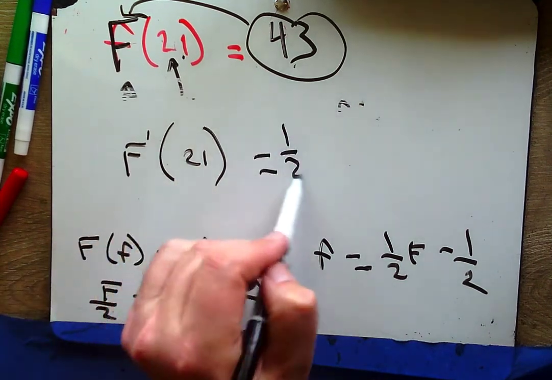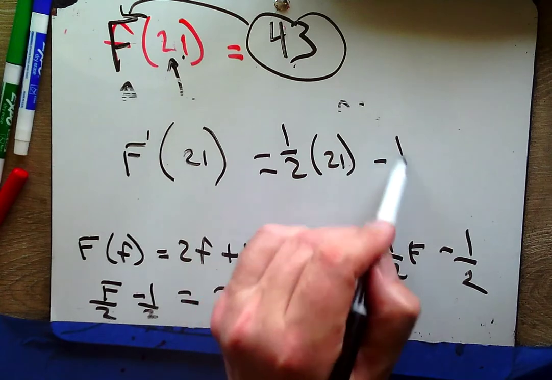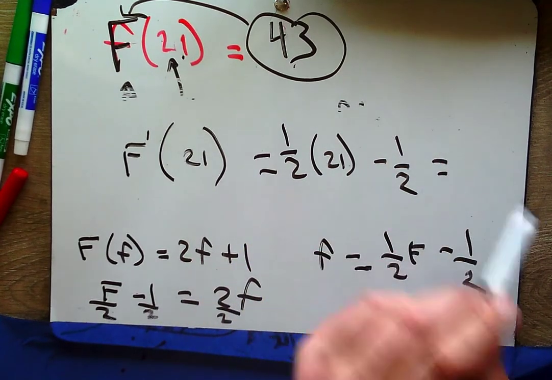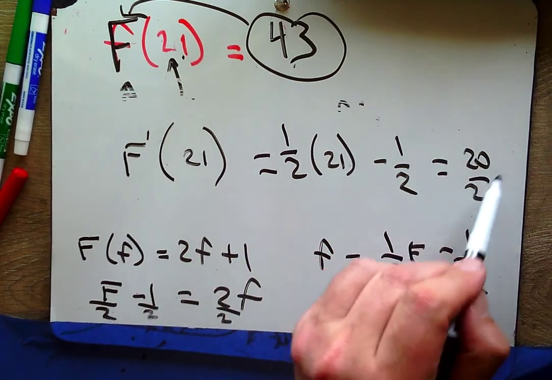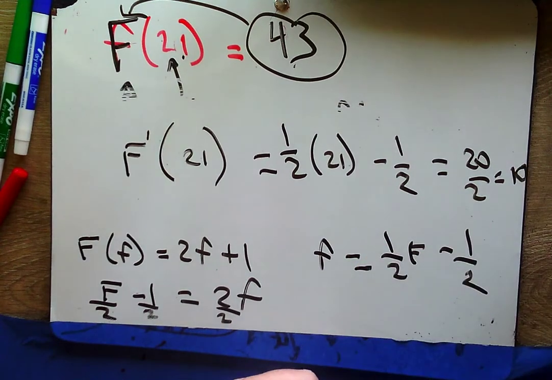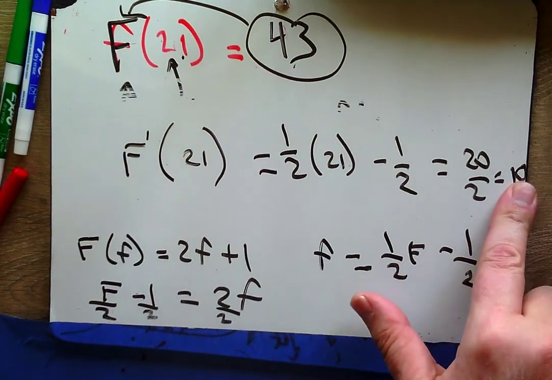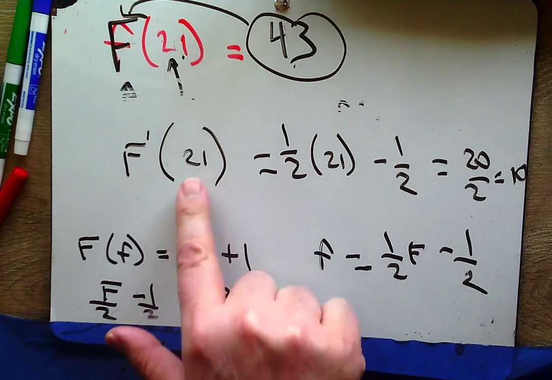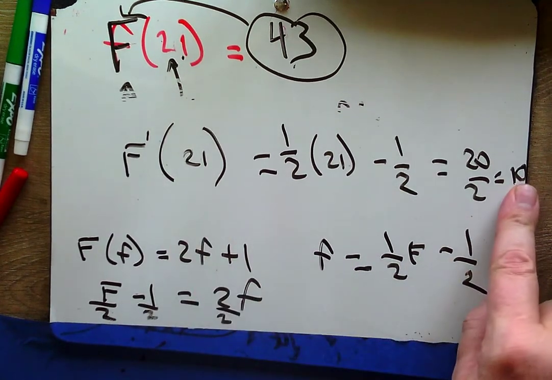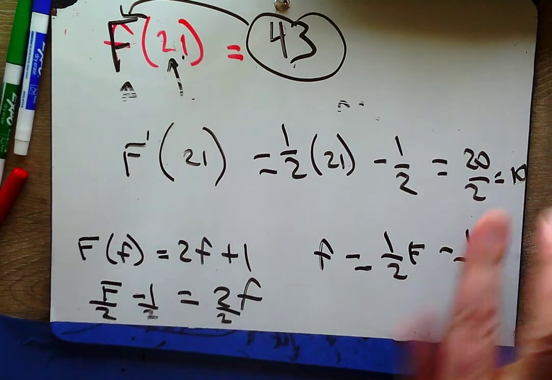So I've got 1/2 of 21, minus 1/2, is going to be 20 over 2, or 10. What are the units on that 10? Not friends. No. These are figs. If you have 21 friends, then you have 10 figs in your haversack.